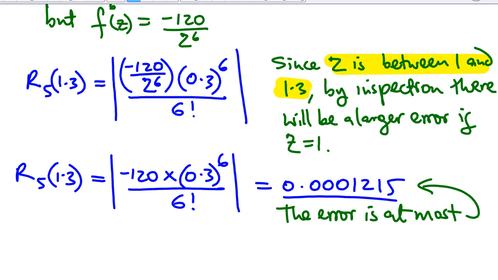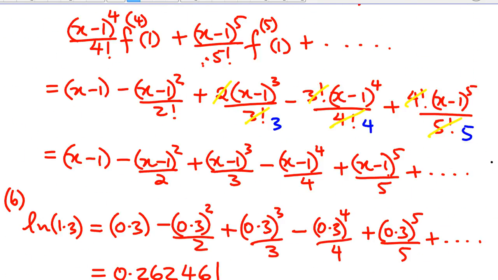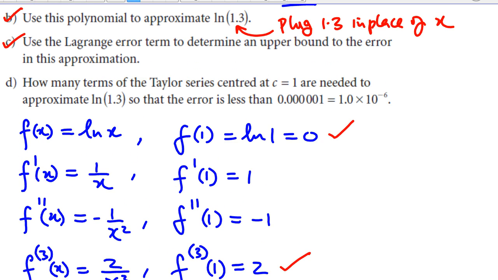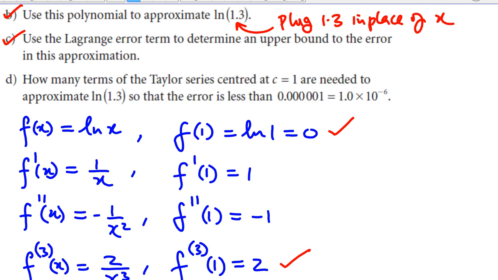So let's carry on. We're done with that question, that was part C. Now we are moving on to part D. How many terms of the Taylor series centered at c equals 1 are needed to approximate ln 1.3 so that the error is less than 0?